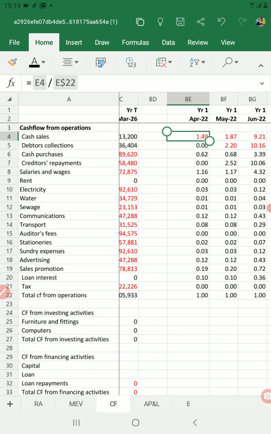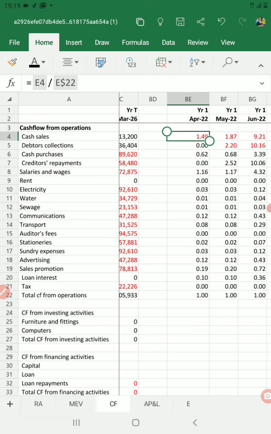That's why we ended up having this negative, and that's why it is red here. So forget about the color. That means if total cash flow from operations is 1, cash is 1.49. So that is the multiple, okay?